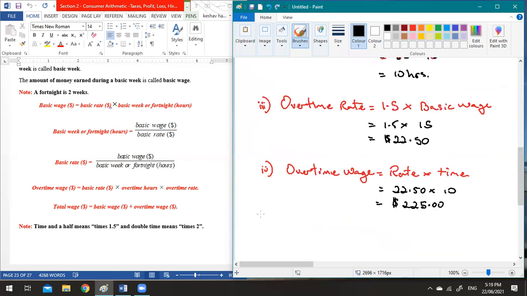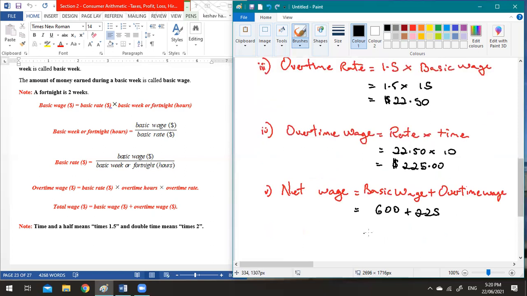So his net wage or gross wage is the basic wage plus the overtime wage. So 600 plus 225. So for this week, he earned $825.